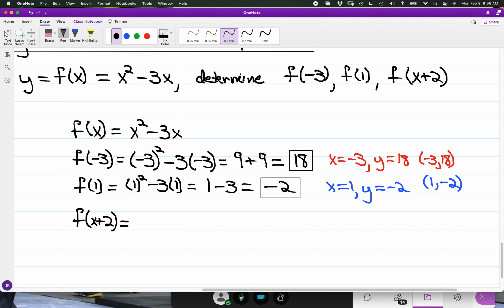But now, again, f of the input equals the square of the input minus 3 times the input. This is the pattern we have followed whenever we had negative 3 and 1 for the inputs. But now, with the variable expression x plus 2 as the input, we're going to have the square of x plus 2, and we have minus 3 times all of x plus 2.